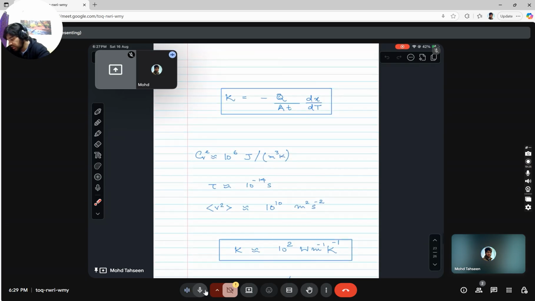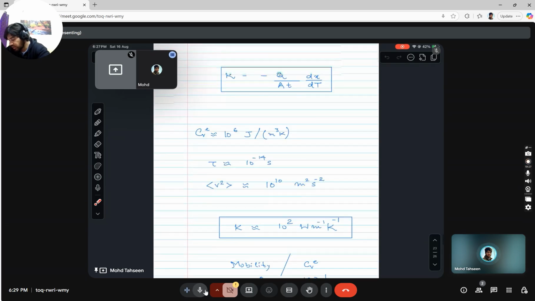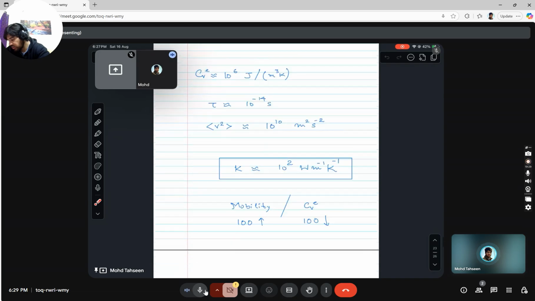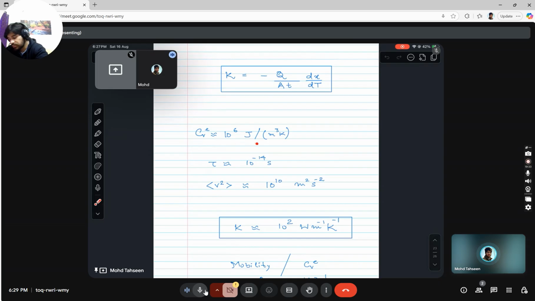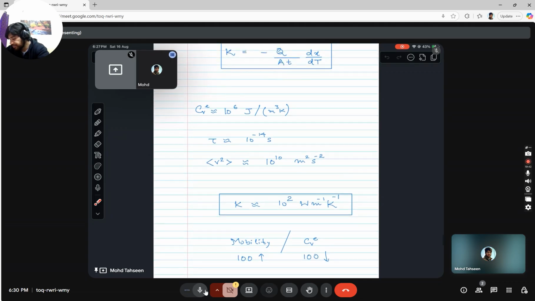Then if we put in all the values, we get from this expression that CVE, the electronic contribution to heat capacity, is of the order of 10 power 6 joules per meter cube Kelvin, and the thermal conductivity is of the order of 10 power 2 watt per meter per Kelvin.